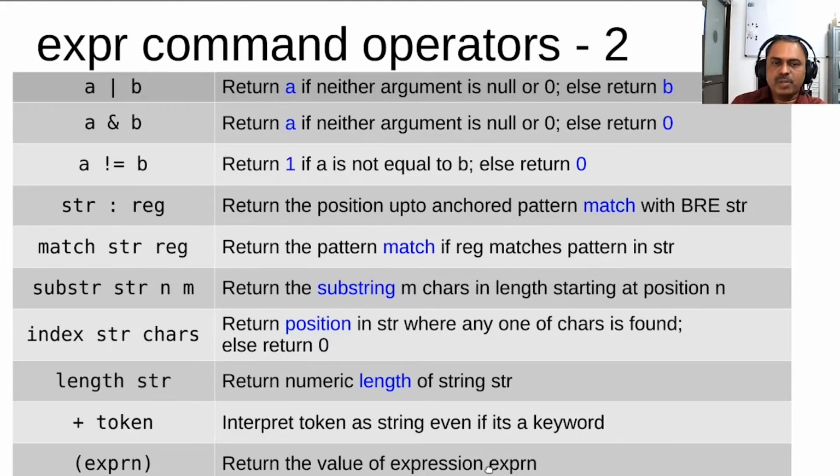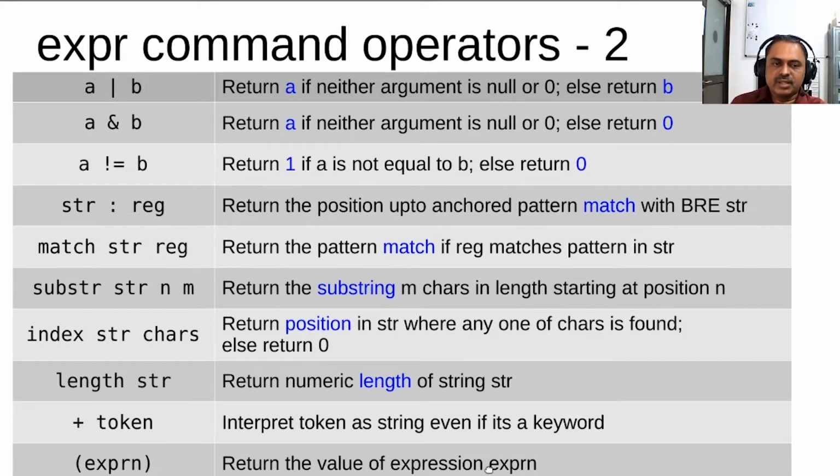And then there are some operations available with strings. So string colon regular expression can be used with the basic regular expression engine, that is a very limited set of regular expressions, and the position up to which such a matching is possible would then be returned.